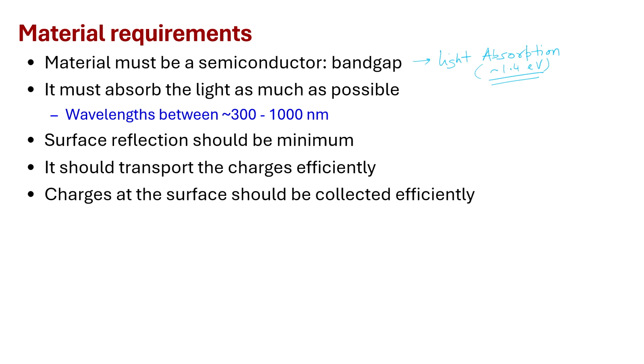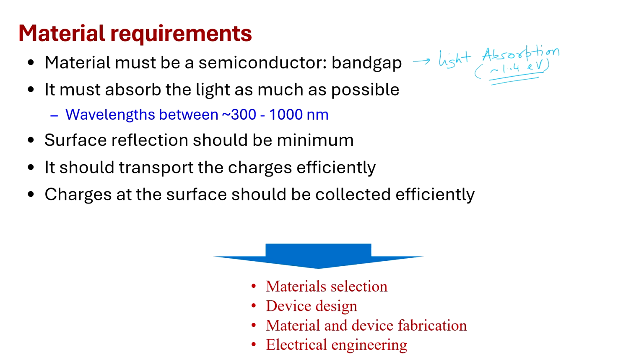The material must have good charge transport characteristics, so that charges, when they are created in a device, are moved swiftly or without much loss to the electrodes, and they must be collected at the electrodes efficiently. These are some of the requirements that we must fulfill to choose the material and design the device appropriately.